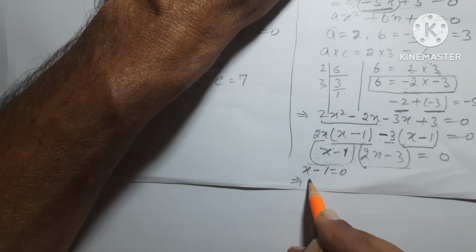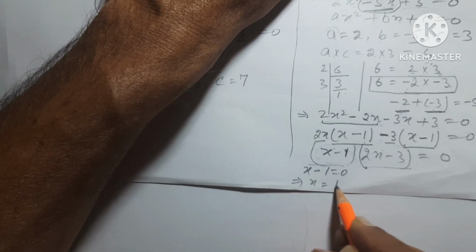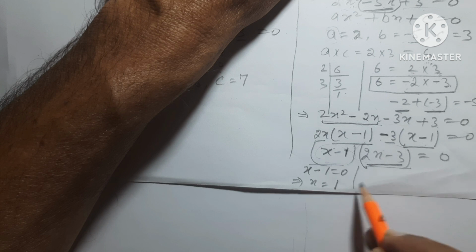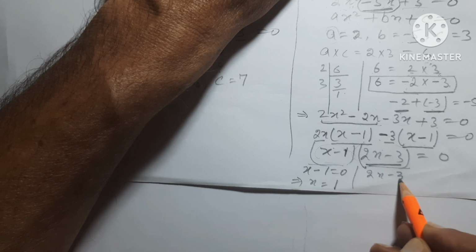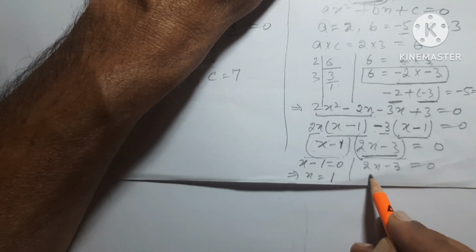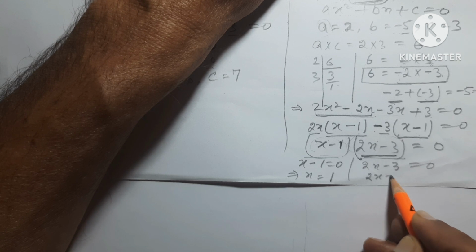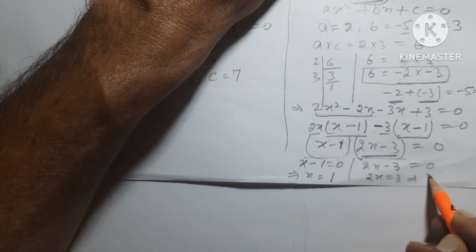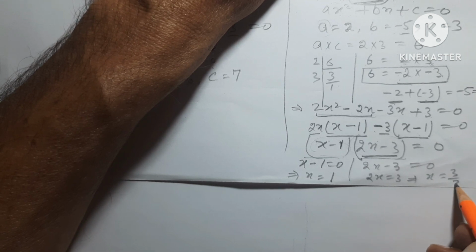Now we'll equate this equal to 0 and this equal to 0. When I put x minus 1 is equal to 0, that means x is equal to 1. When I put 2x minus 3 equal to 0, that means 2x is equal to 3, so x is equal to 3 by 2.